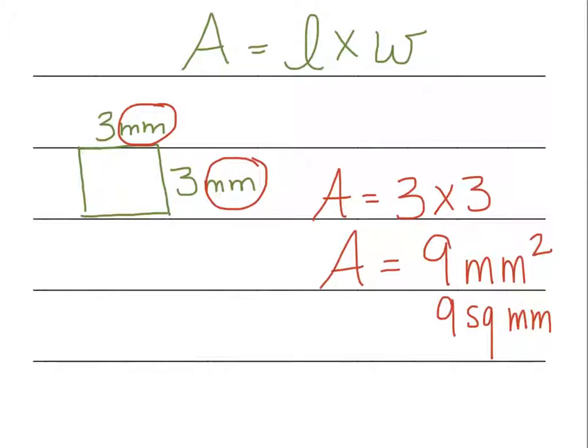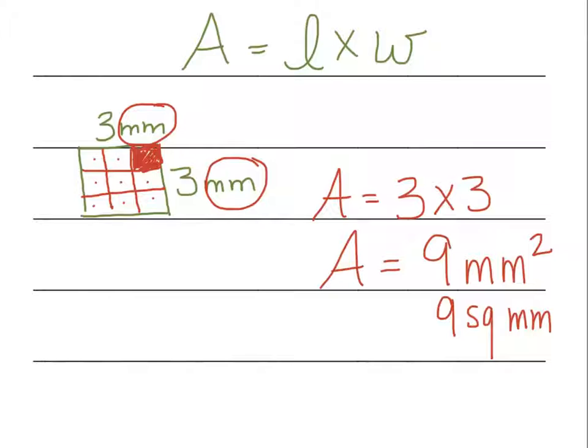Because again, we are not counting just millimeters. We are counting squared millimeters. We counted each one of these. And again, just so you can see that, we have 1, 2, 3, 4, 5, 6, 7, 8, 9. 3 times 3 is 9 millimeters squared.